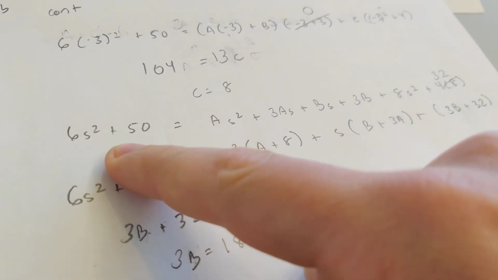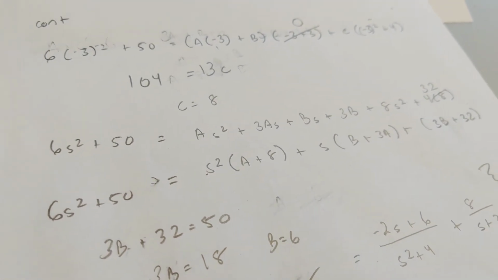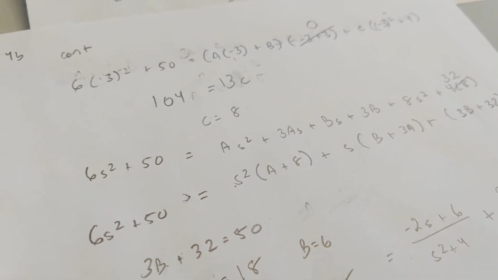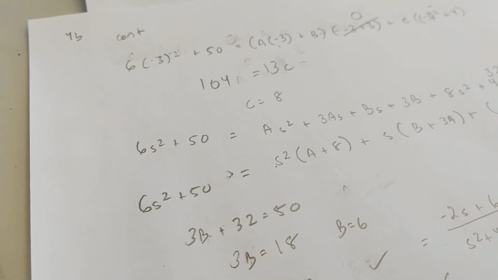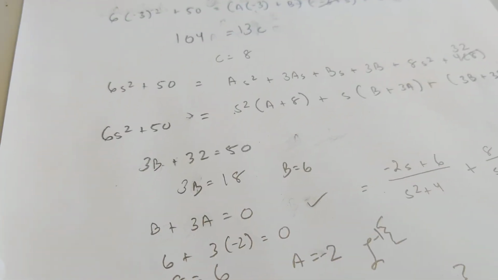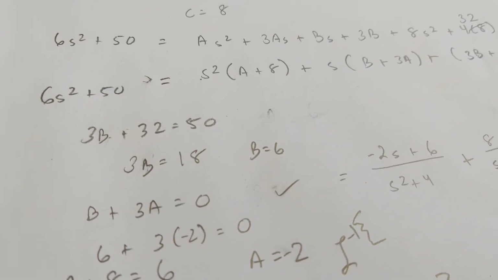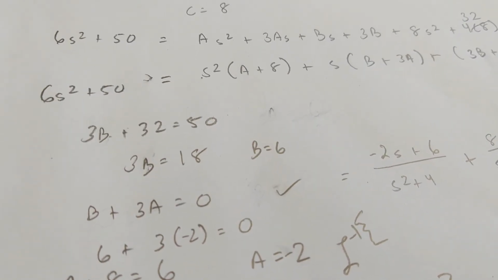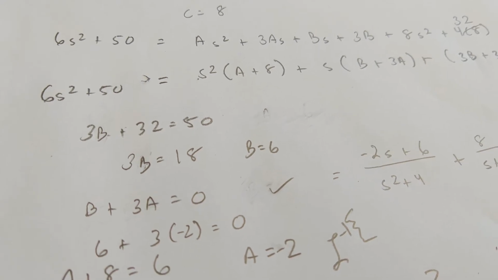Back to this one. So As squared plus 3As plus Bs plus 3B plus 8s squared plus 32 equals our 6s squared plus 50. Separate that into a system of equations, and we can see that B equals 6, A equals minus 2.